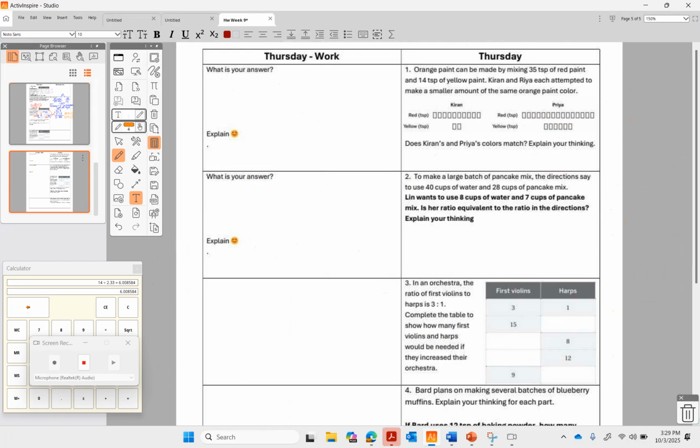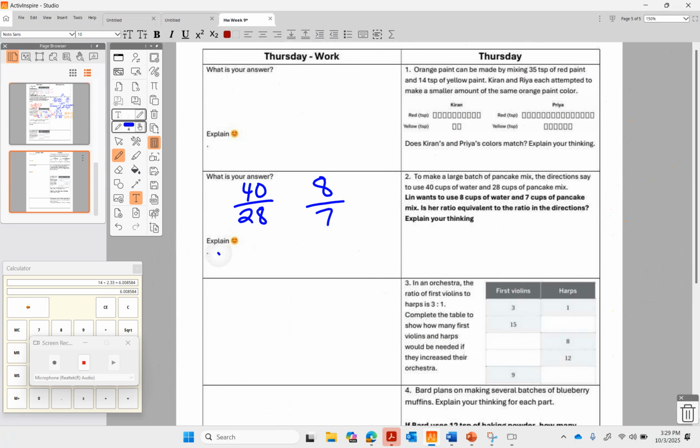To make a large batch of, we've done the similar one before, but let's go over here. To make a large batch of pancake mix, 40 cups of water to 28 cups of pancake mix. Lynn wants to use 8 cups of water and 7 cups of pancake mix. So is that going to work?